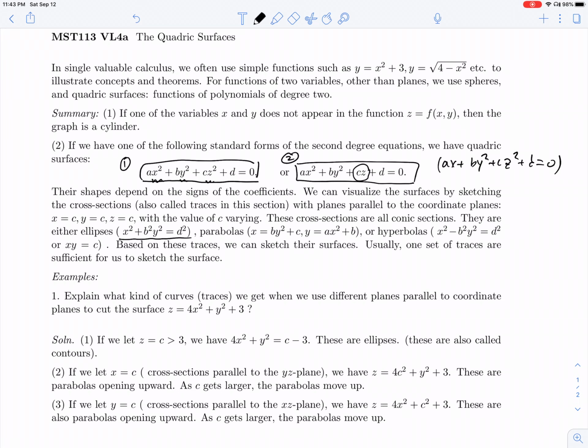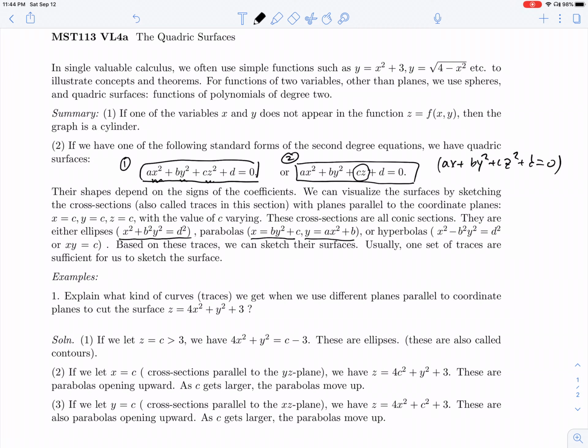So it becomes x squared plus by squared is equal to d squared. And that's going to be an ellipse. And then we have parabolas, and that's when we have x equal to some y squared or y is equal to some x squared, right? And these parabolas will open up or down, left or right, depending on the signs of their coefficients.